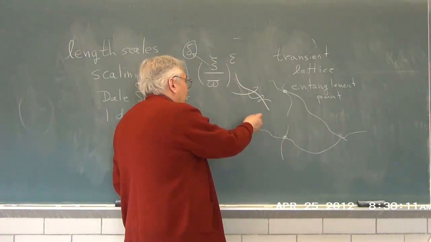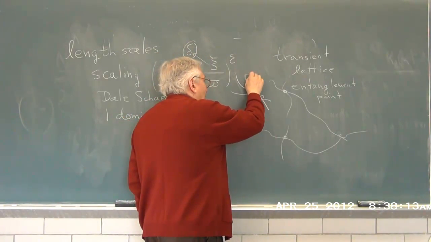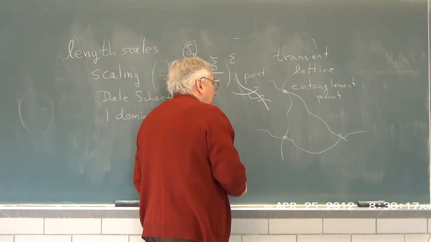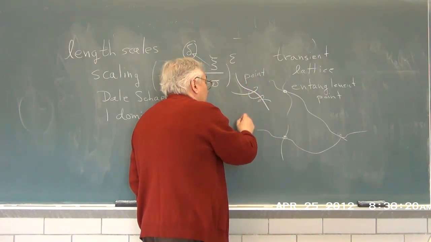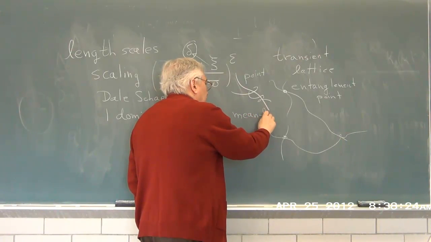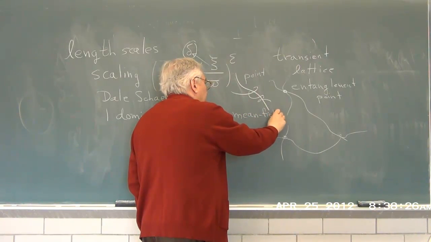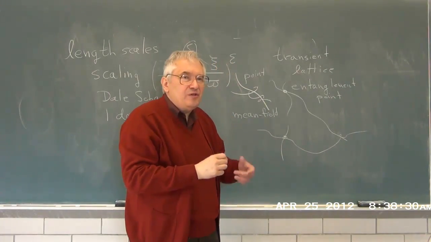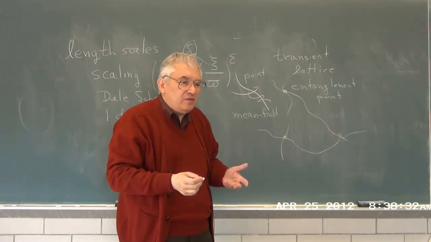In fact, well, this is a point. It's a real point. You could actually see it if you had infinitely good vision. You could also say this is some sort of a mean field approximation, and there aren't really entanglement points at all. It's just a mean field description of the system.